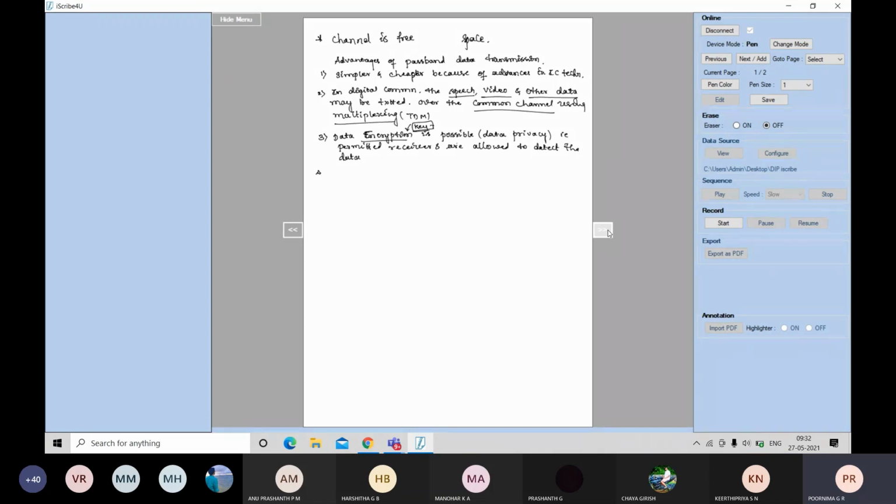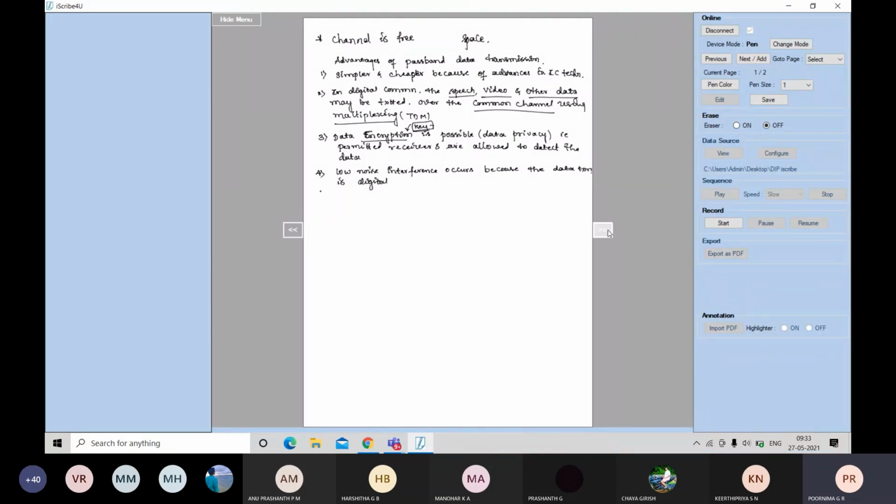Another important advantage of passband is low noise interference, because the data transmission is digital in nature. Okay.